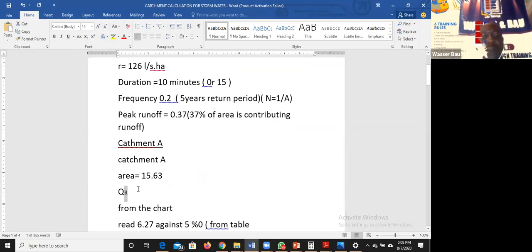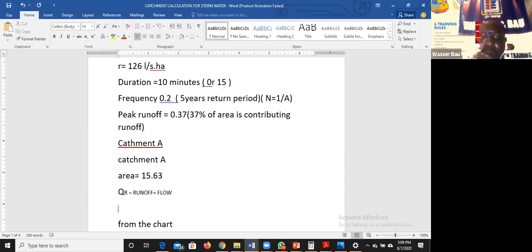Yeah, this is it. So this is runoff, or sometimes flow.